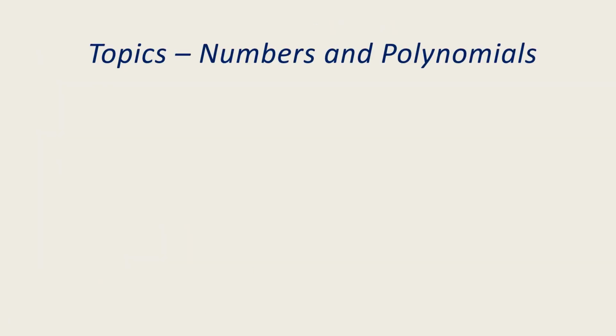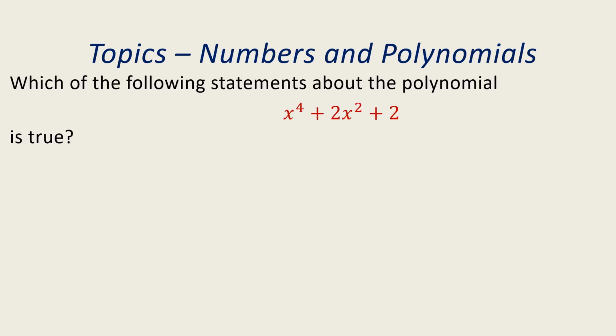So, one of the first topics we looked at was that of numbers and polynomial properties. Typical question you might see is about properties of a given polynomial. So one of the questions is, which of the following statements about the polynomial x^4 + 2x^2 + 2 is true?